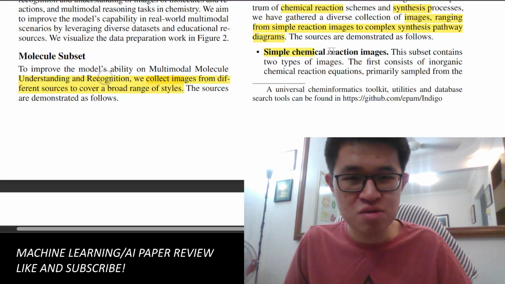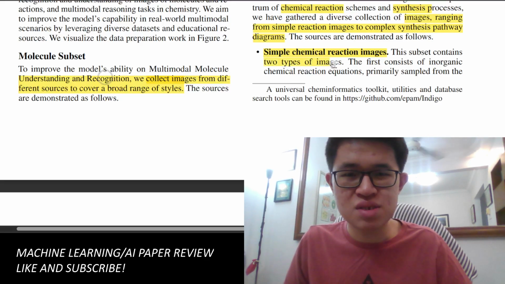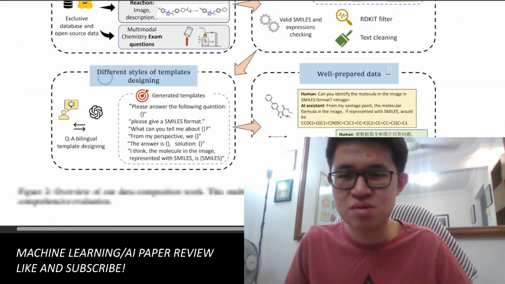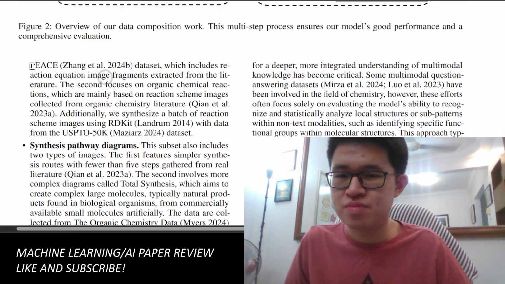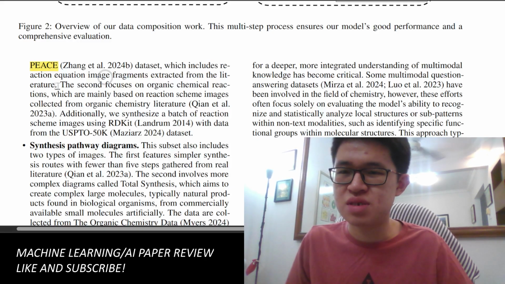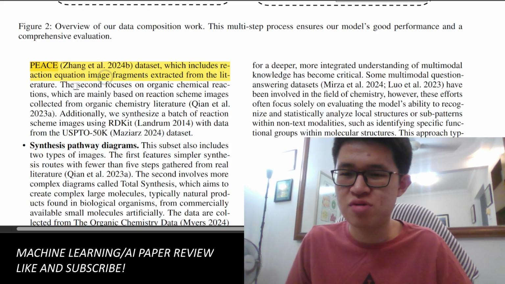Okay, so simple chemical reaction images. This dataset has two types of images. One is inorganic reaction equations derived from a dataset which includes reaction equation image fragments extracted from literature.